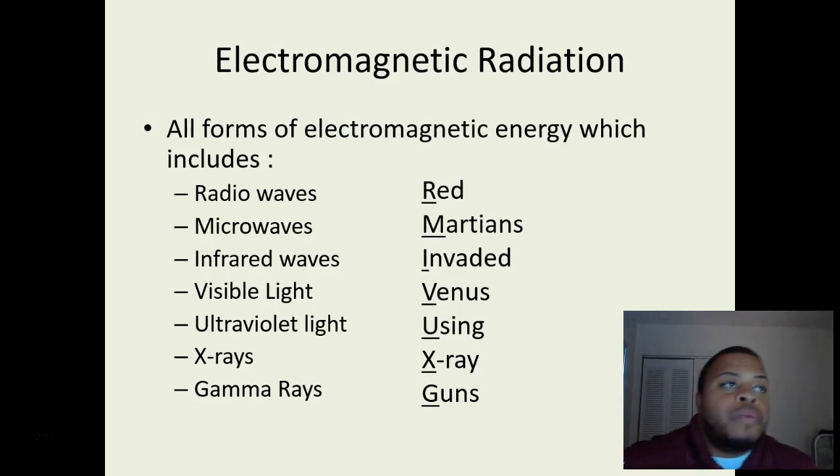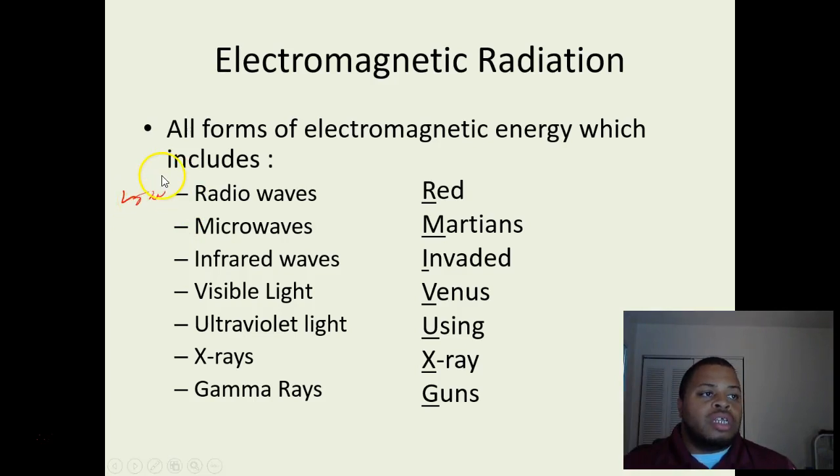Now, when we look at the different forms of electromagnetic radiation, or light energy traveling as a wave, we have to include all types. Starting from the low end, which is where we're looking at radio waves. This is going to be our lower energy, to gamma waves, which can kill you, on our high energy.